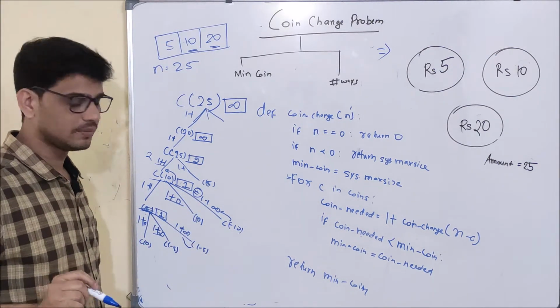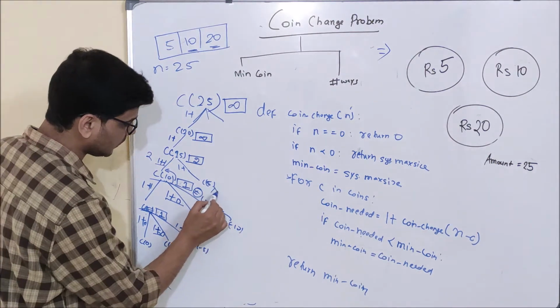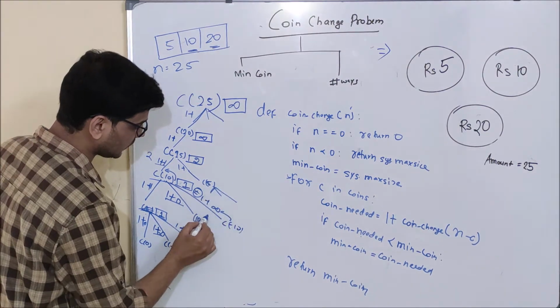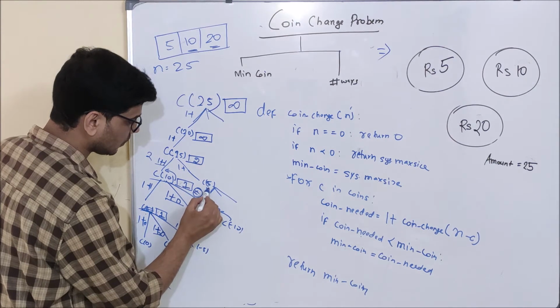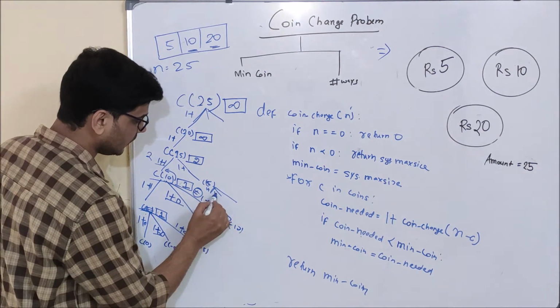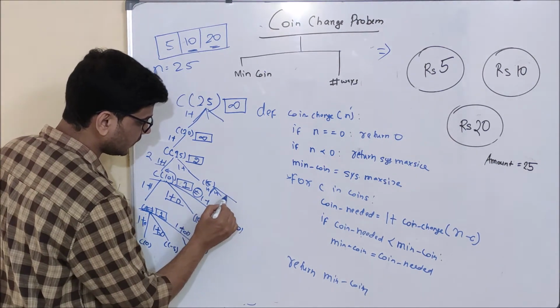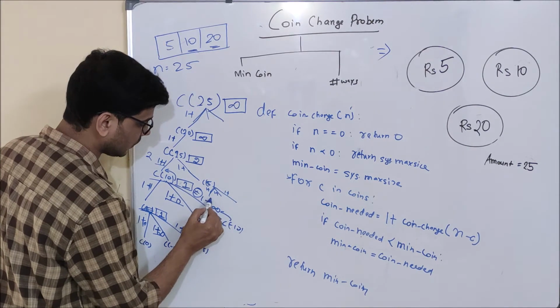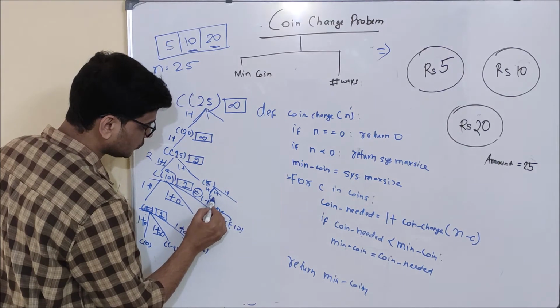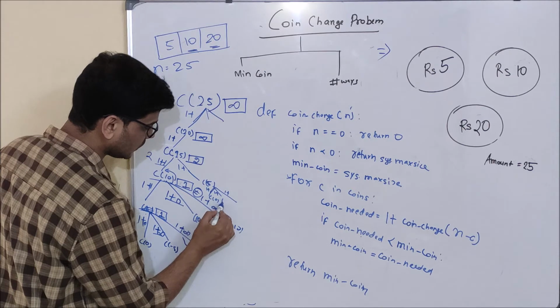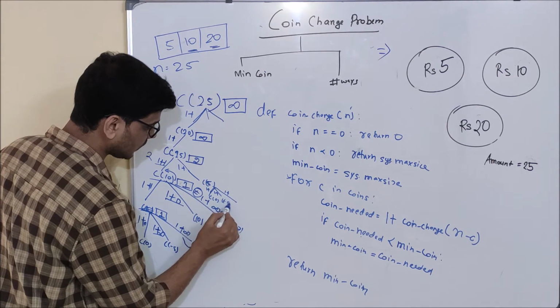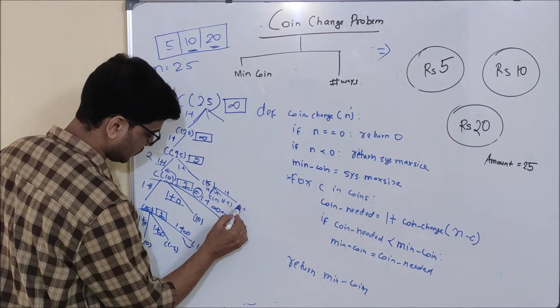And what is c of 5 going to do? c of 5 will again try three options, that is it will take the 5 rupee coin, it will take the 10 rupee coin, and it will take the 20 rupee coin, and here it is going to call c of 0, here c of minus 5, and here c of minus 15.